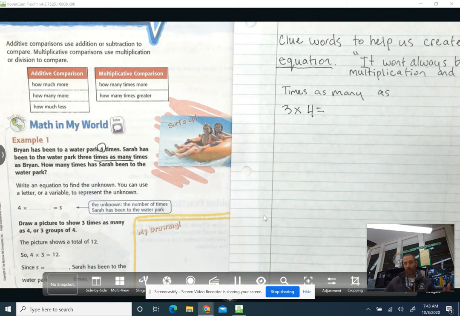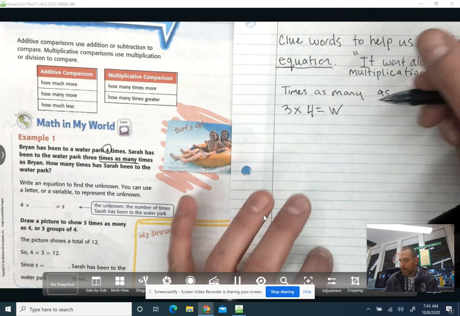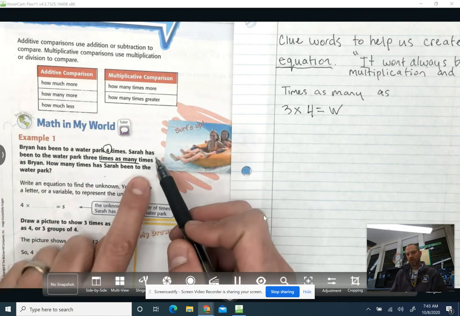We need to find a letter. Why don't we do W for water park? You can really pick any letter as long as you stick with that letter for that problem.